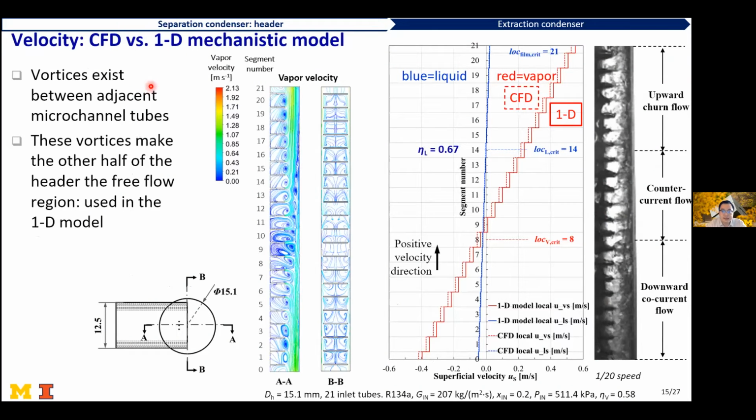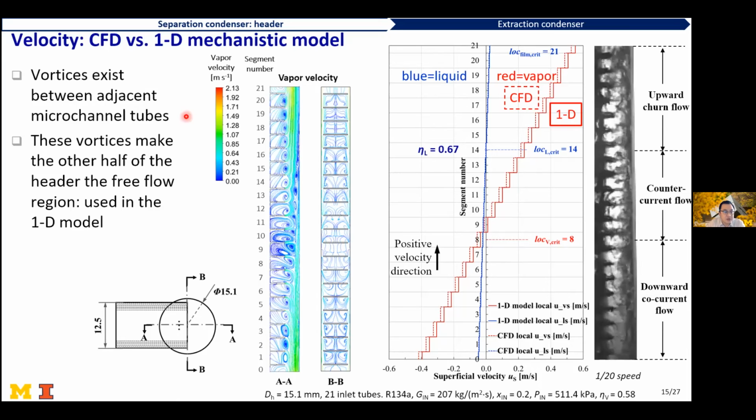And in this slide, I want to show the comparison between the CFD model and the 1D model, and how this CFD model actually helps me to conduct the 1D model. From the CFD model, we can notice that there are vapor vortices between adjacent macrochannel tubes.